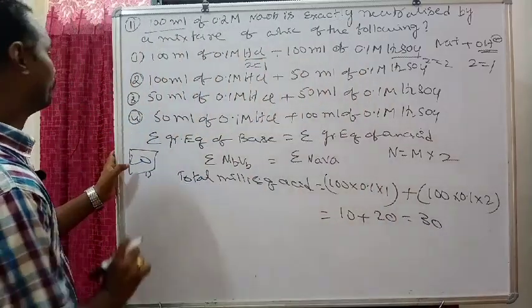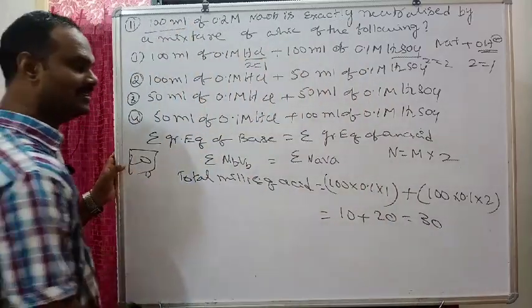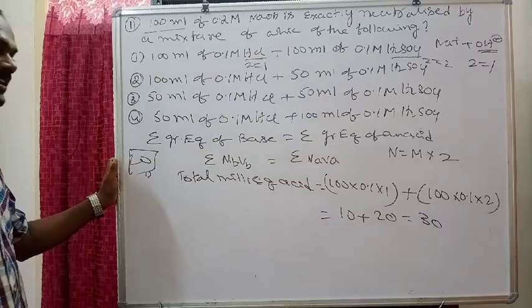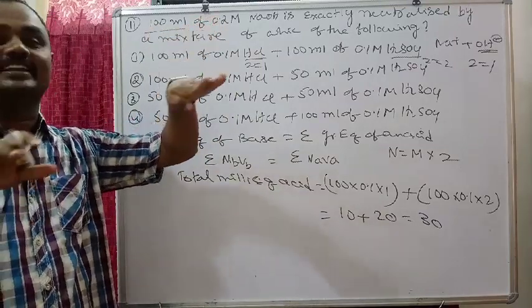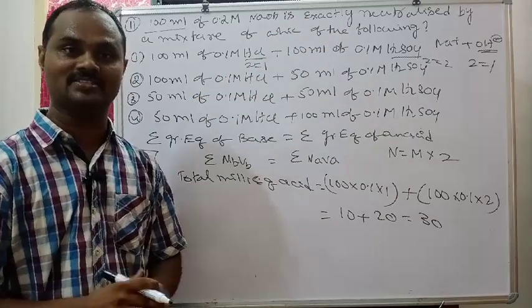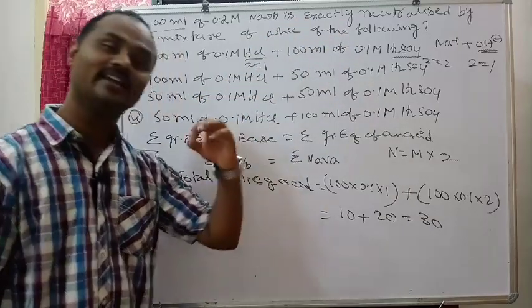Sir, actually base milli equivalents are 20, acid milli equivalents are 30. Acid milli equivalents are more than base milli equivalents, so it is not exactly neutralized. The resultant solution is acidic in nature.